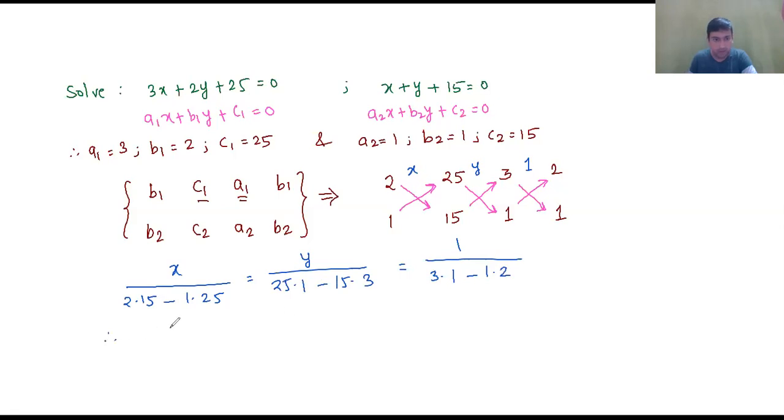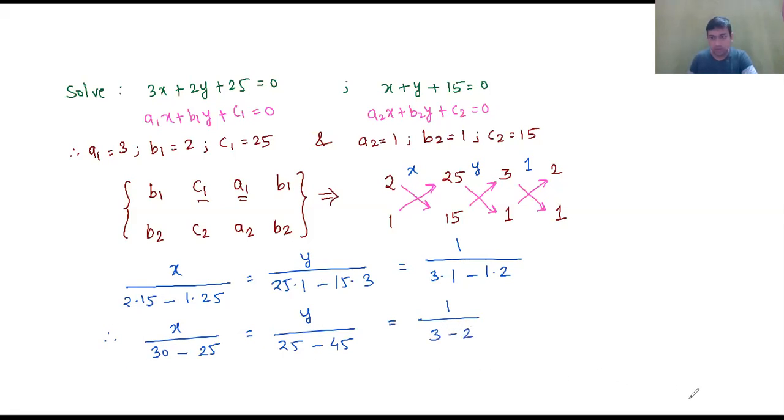So what you will get: x upon 15 twos are 30 minus 25, which is equal to y upon 25 minus 15 threes are 45, 1 upon 3 minus 2.